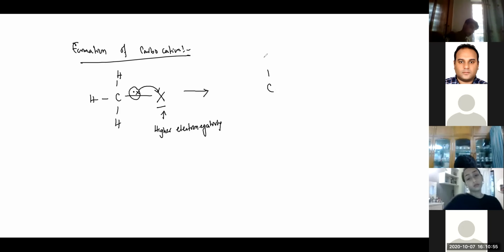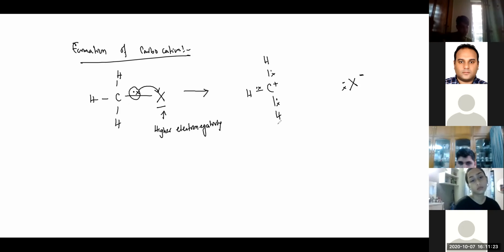The carbon now has 6 electrons and a positive charge. Why is it a positive charge? Because ওর electrons গুলো তো X নিয়ে নিয়েছে, and X on the other hand has a negative charge. Why? Because it has taken both the electrons from the carbon. So now this is known as a carbocation.